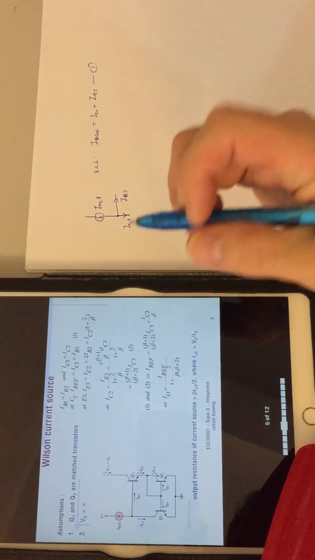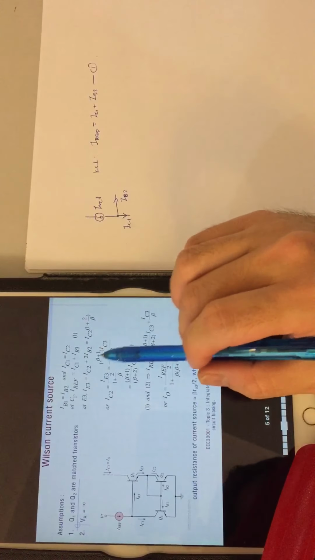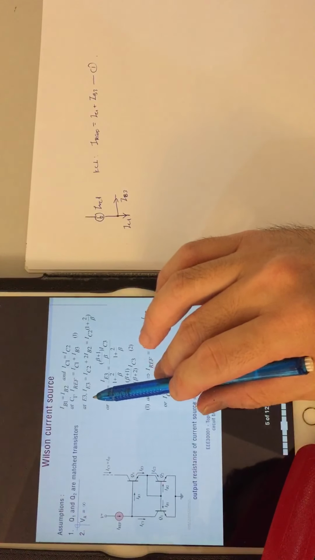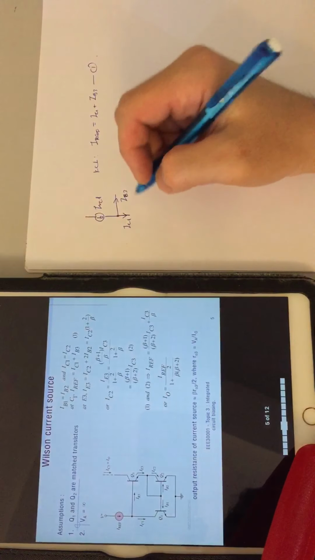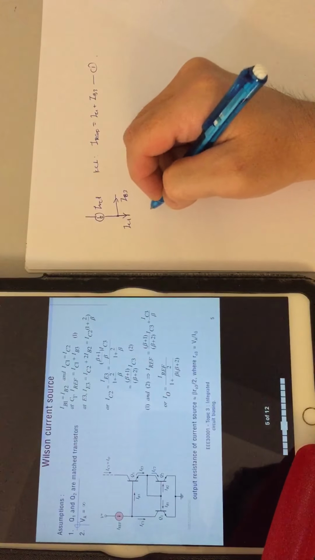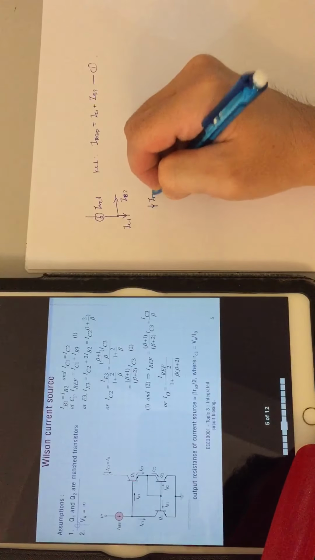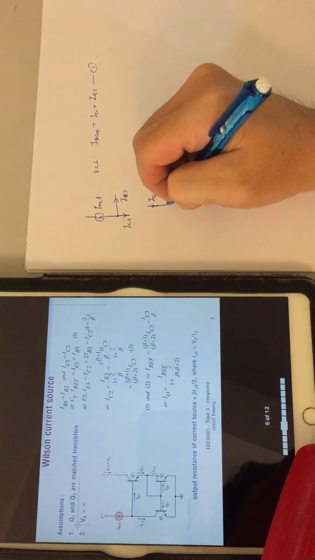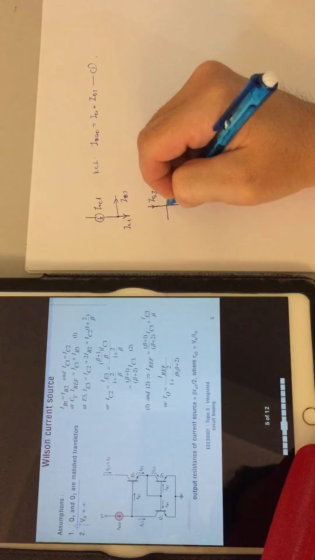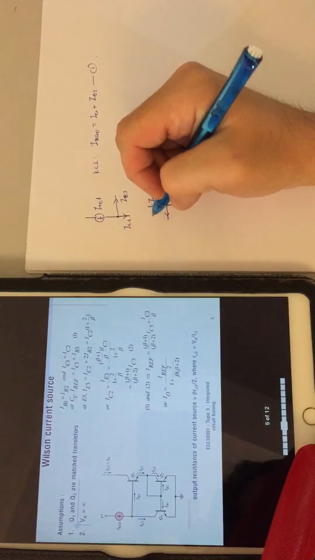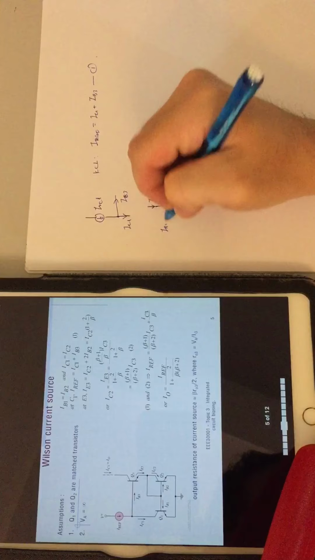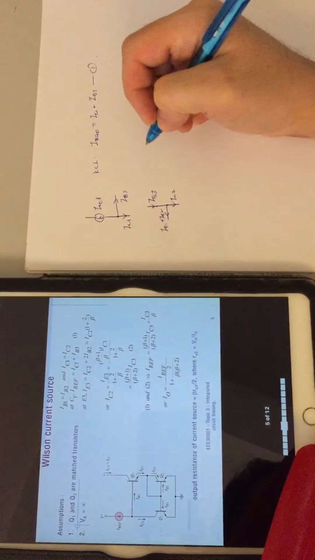Next, we're going to get another KCL equation at the emitter of Q3. There is this node. That is the current IE3 going to the current divider node, IC2, and IB1 plus IB2.